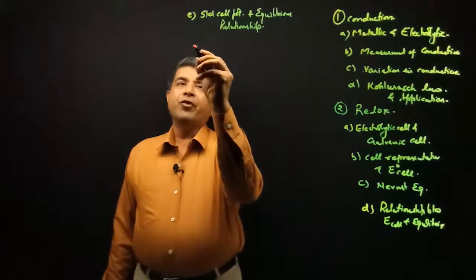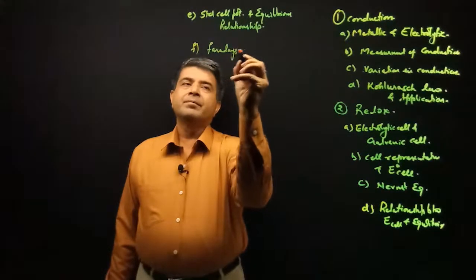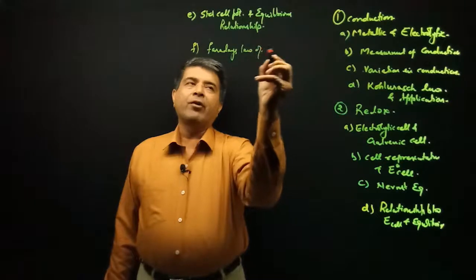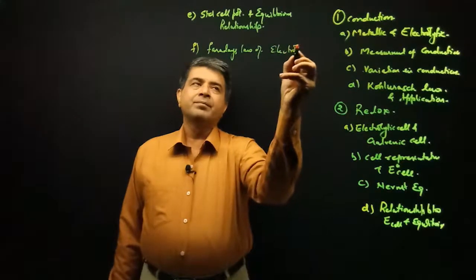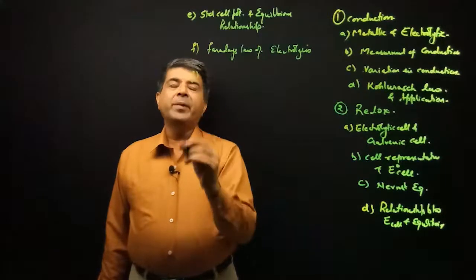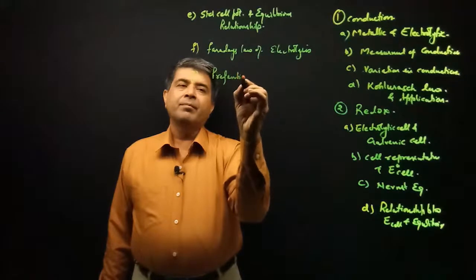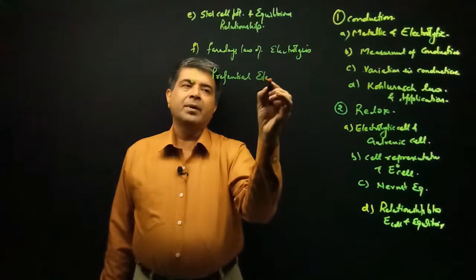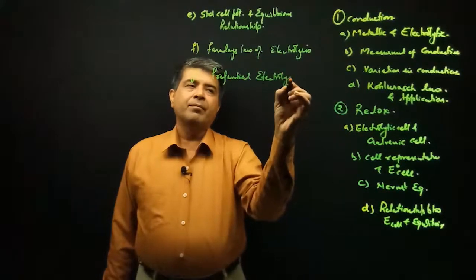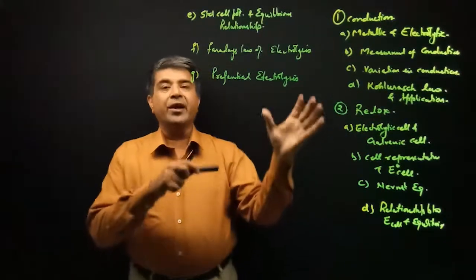Then the next video would be Faraday's laws of electrolysis. The next video would be preferential electrolysis. So these are the different videos that are associated with the redox part.